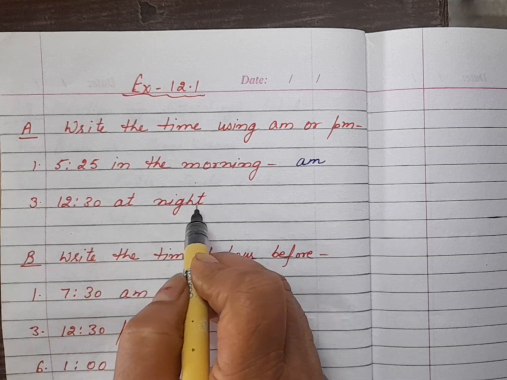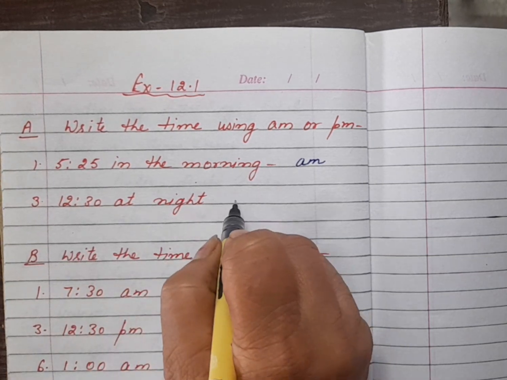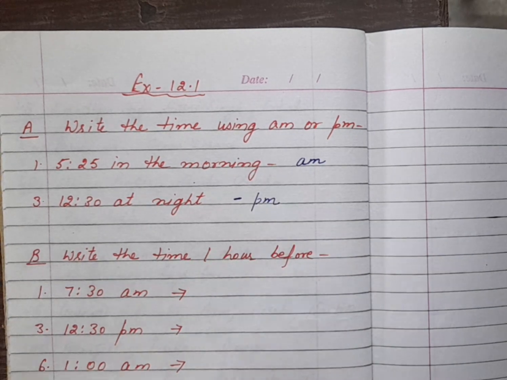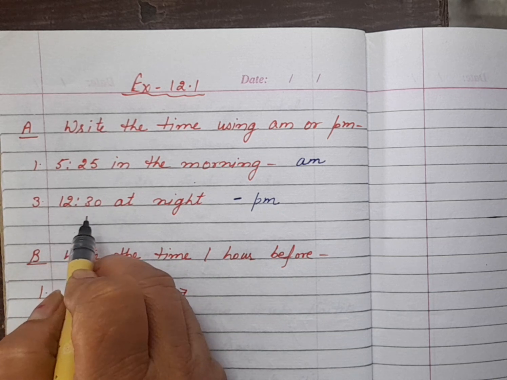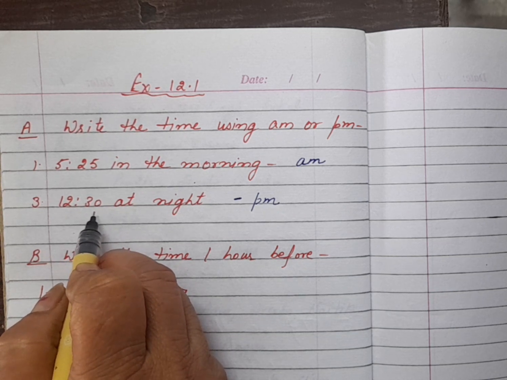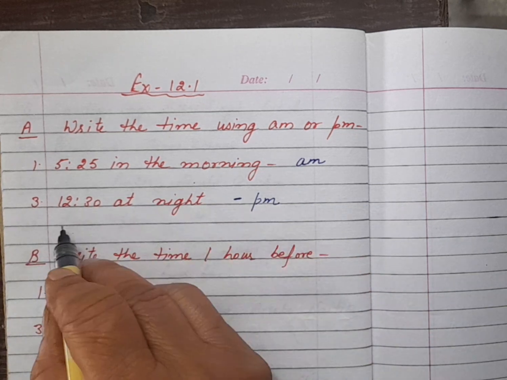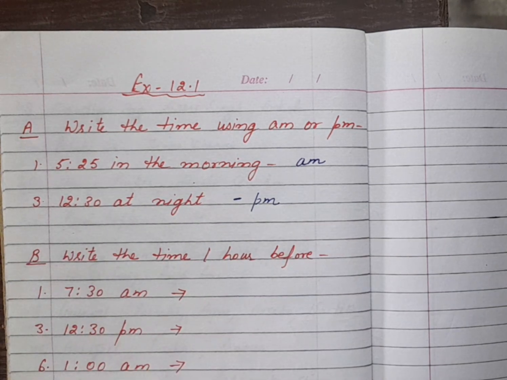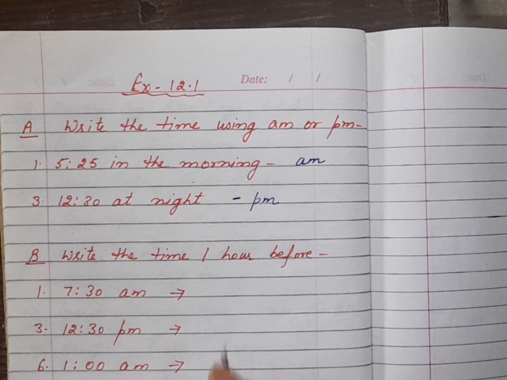12:30 at night. 12 midnight, 12:30 at night. There is a confusion, PM or AM.